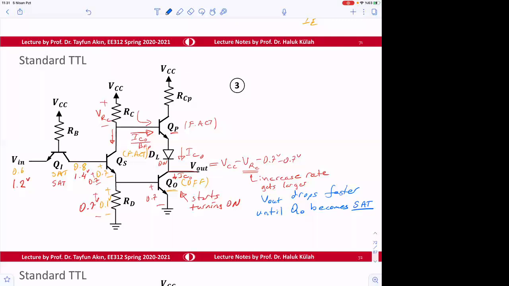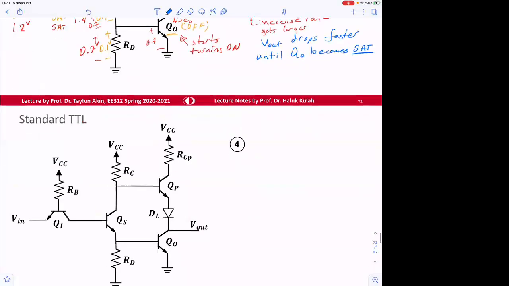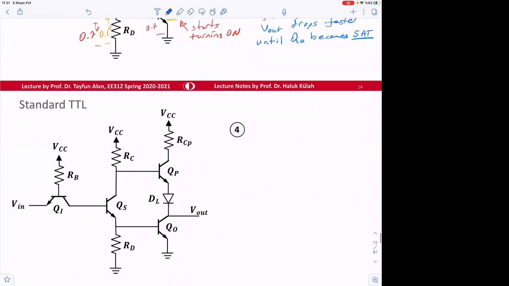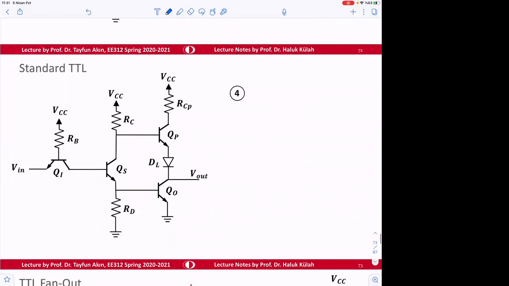So that's the fourth case. It is actually the transition point.